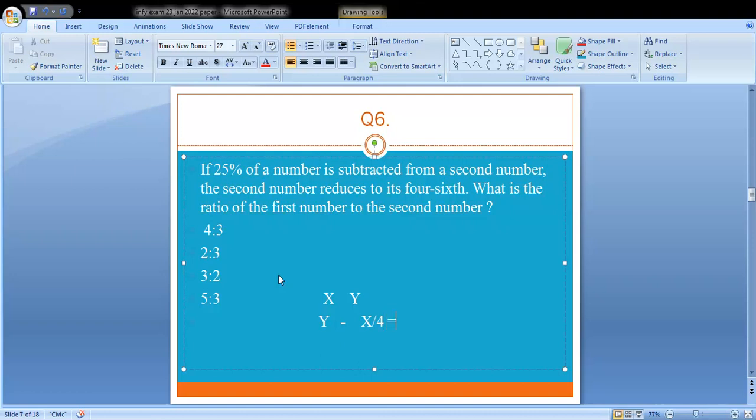The result will be 4 by 6 of the second number. 4 by 6 means 2 by 3. From this, it's clear that y minus 1 by 4x equals 2 by 3y. So y minus 2 by 3y will be equal to x by 4.